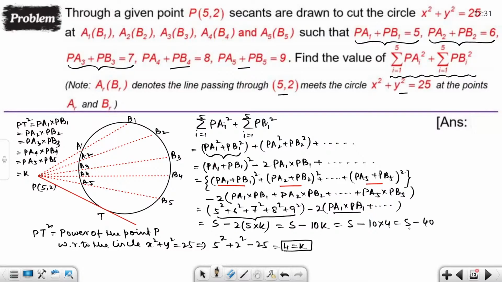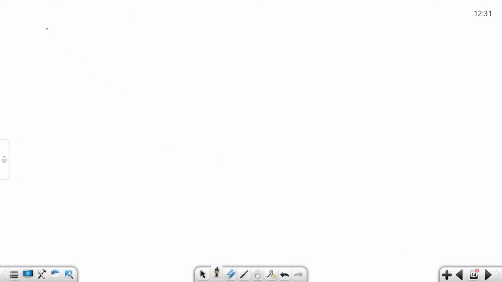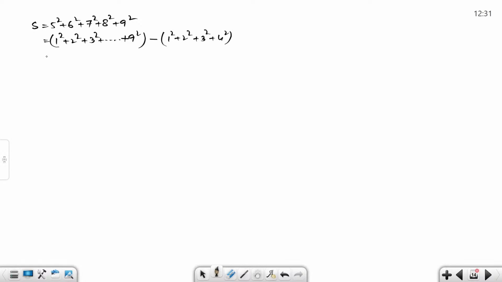So now if we can find out the value of S, we can easily find out the value of the given expression. So what is our S? S is 5 square plus 6 square plus 7 square plus 8 square plus 9 square, right? Which can also be written as 1 square plus 2 square plus 3 square going on till 9 square, and we are subtracting 1 square plus 2 square plus 3 square plus 4 square. For this we apply the formula n into n plus 1 into 2n plus 1 by 6.